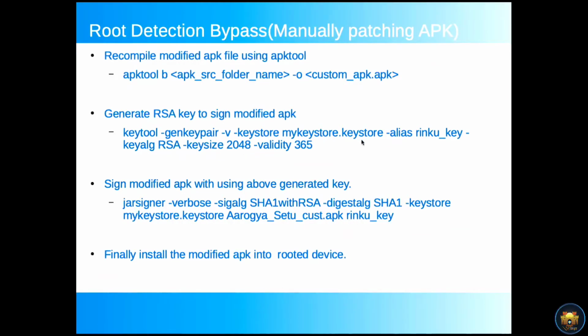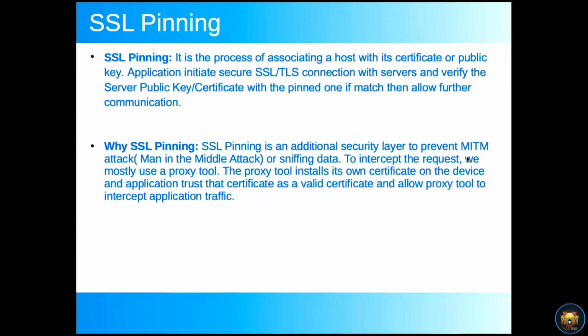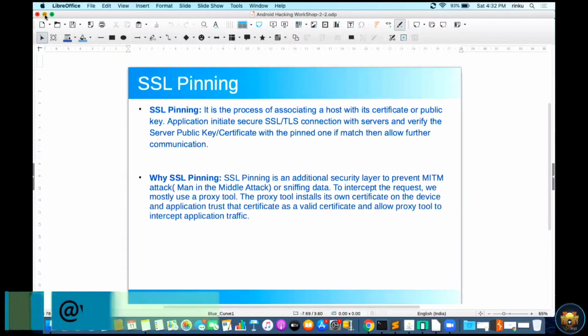After that, I will generate an RSA key to sign the modified APK, using keytool, a tool you can use to generate the key. After that, I will use jarsigner to sign the modified APK. In the next step, I will install that APK onto the rooted device. So let's come to the demo part.